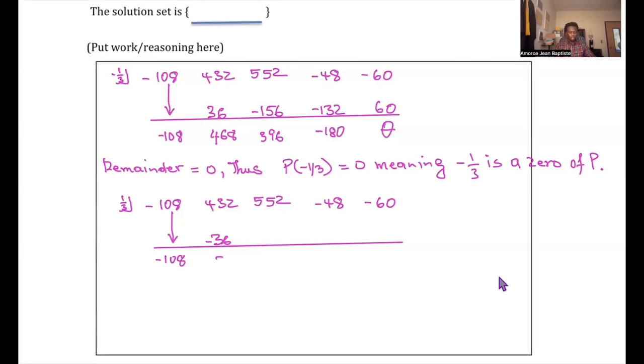Is 396 times 1/3. That's 132 plus 552. That is 684 times 1/3.